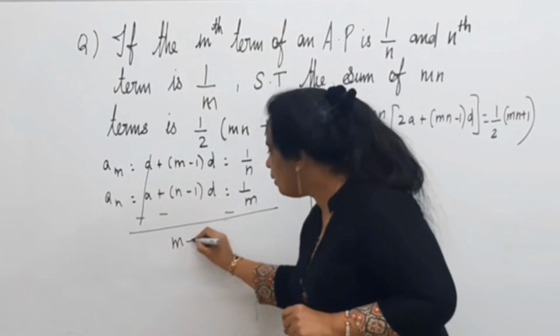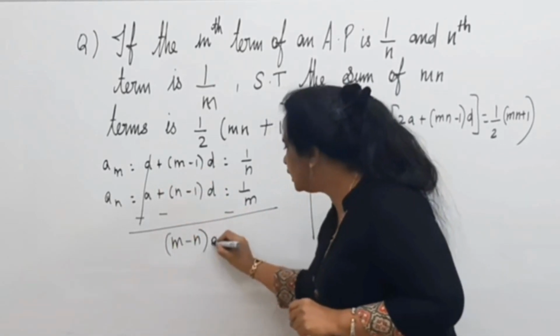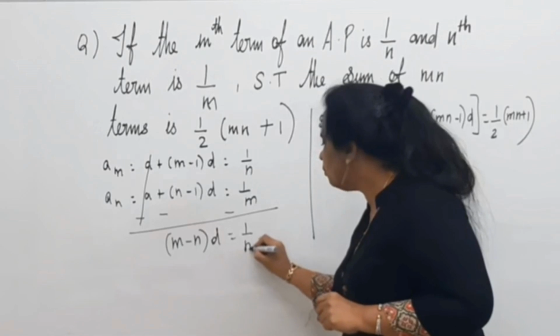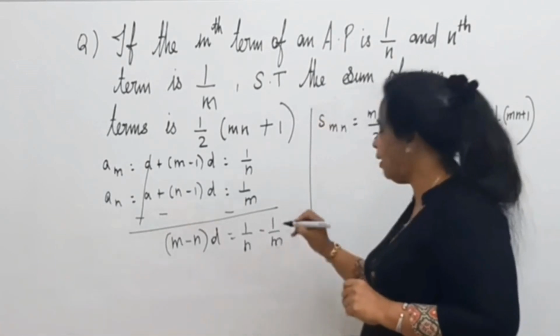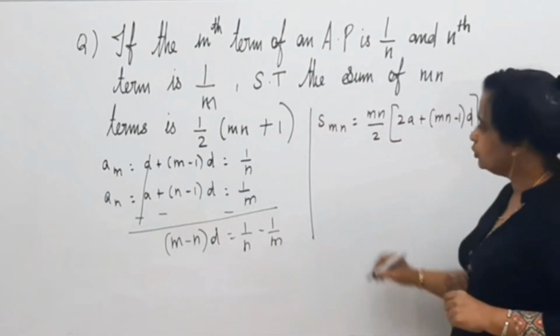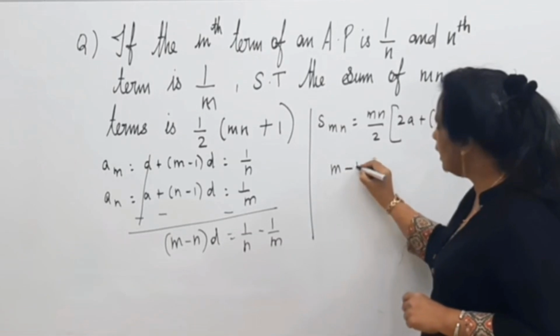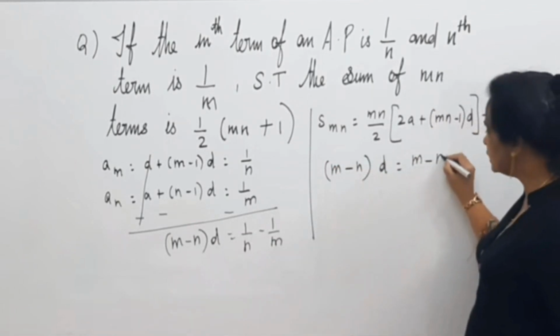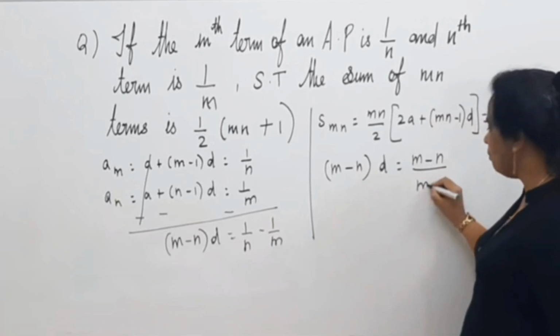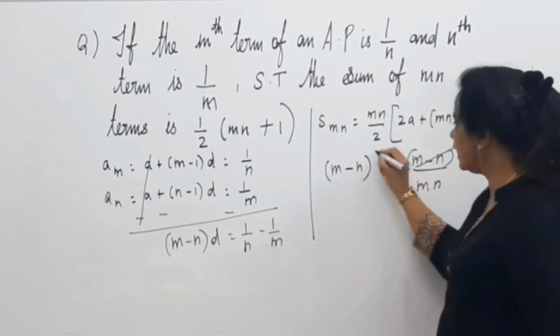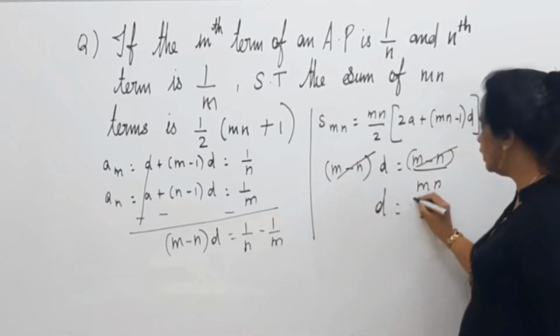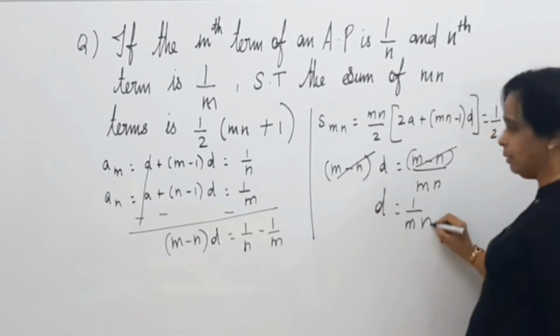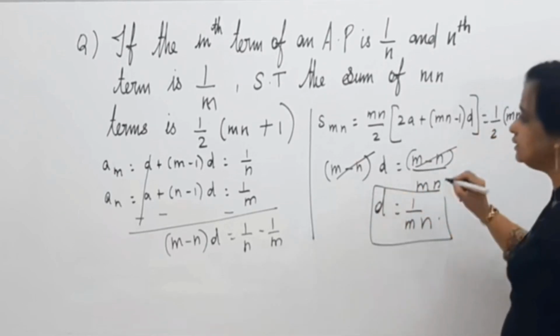So that is m minus n into D is equal to 1 by n minus 1 by m. Now I am going to take the LCM. So m minus n into D is equal to m minus n divided by mn. So this gets cancelled. So my D is equal to 1 by mn.